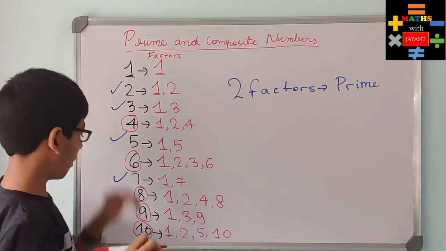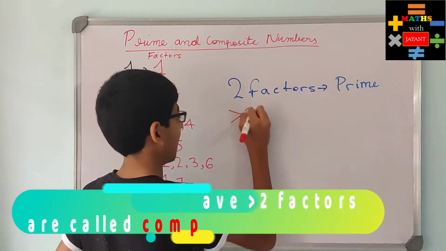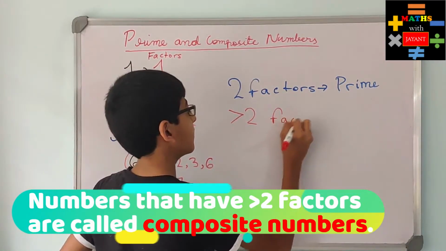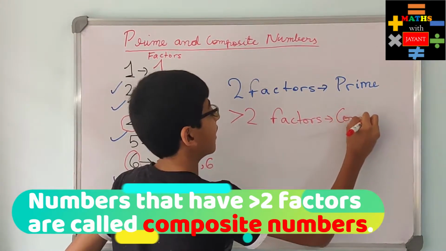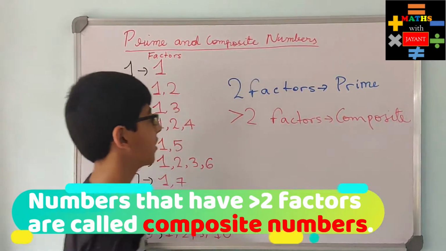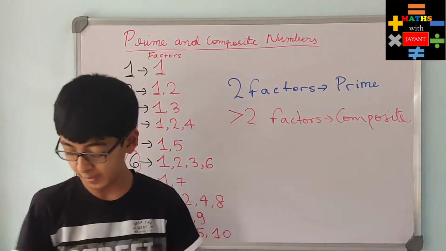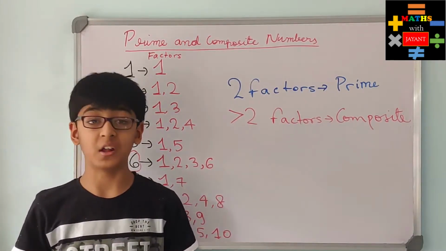All these numbers are numbers that have more than 2 factors. Such numbers are called composite numbers. So now we know what prime numbers are as well as what composite numbers are.